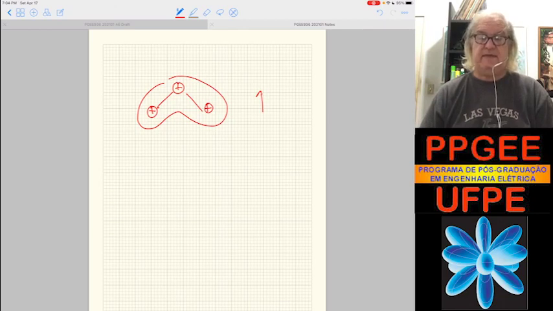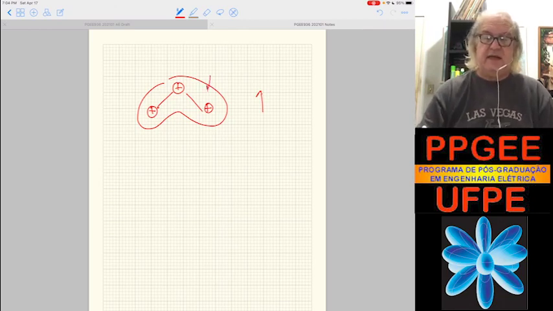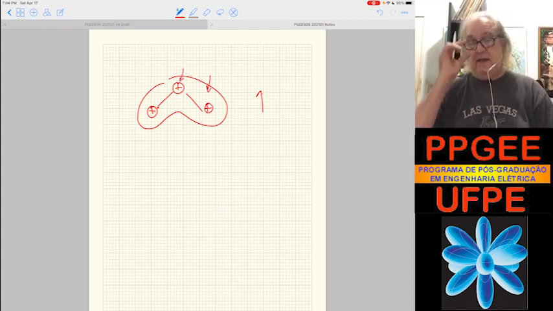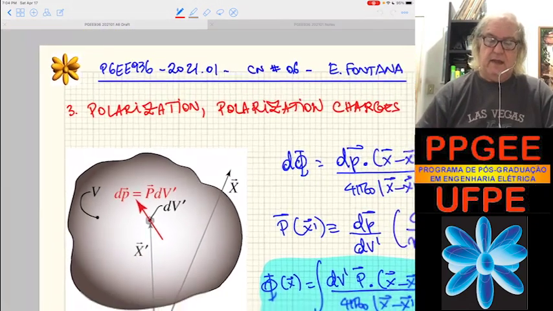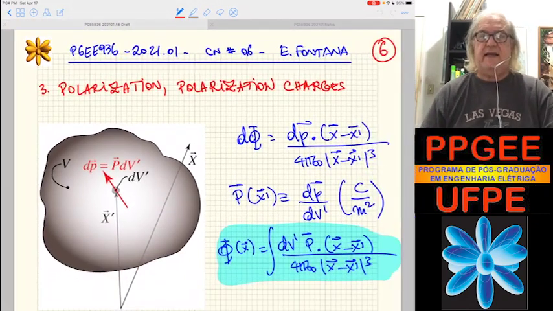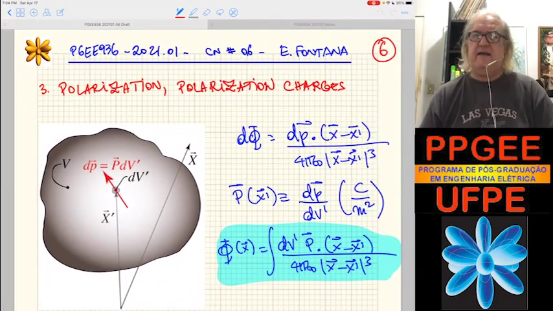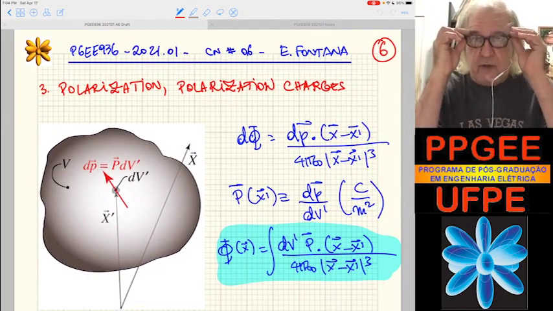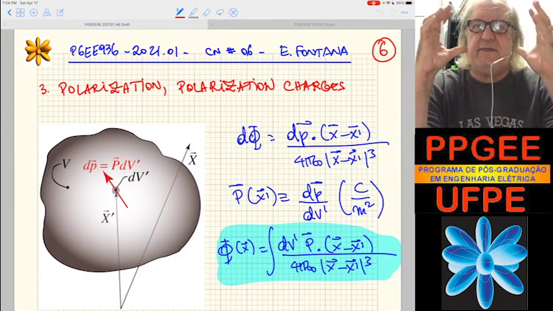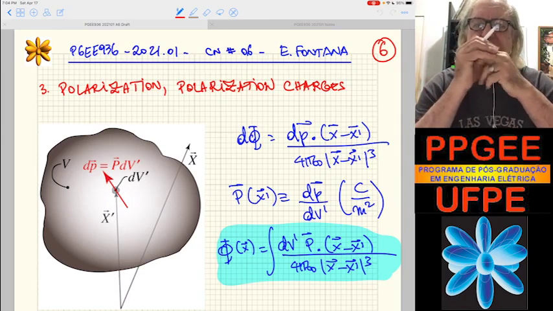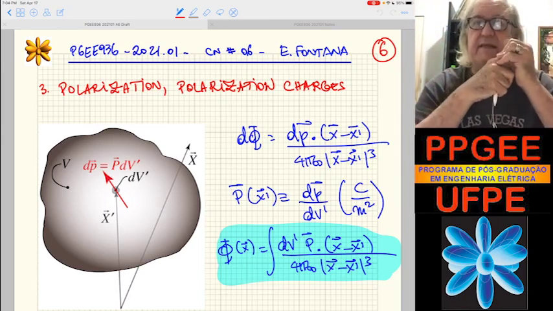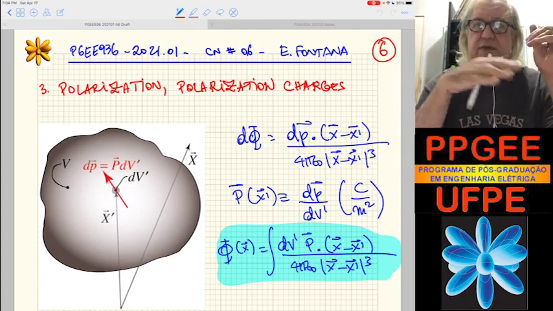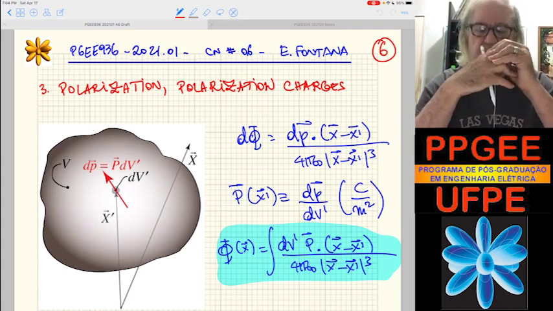We have a separation of charges, electronic cloud and positive nuclei, and we can calculate that. Again, we're going to assume a microscopic volume that has a large number of point dipoles, in which we can consider that the dipoles are continuously distributed on the volume.